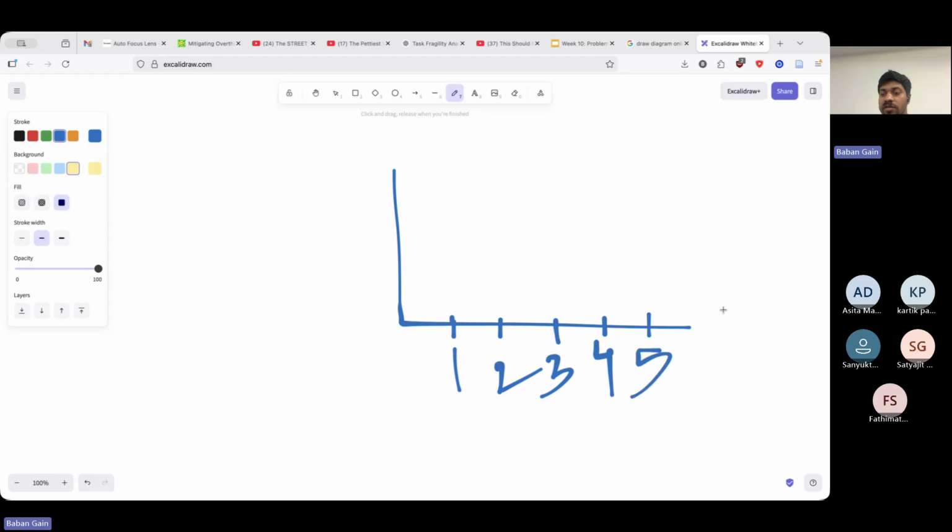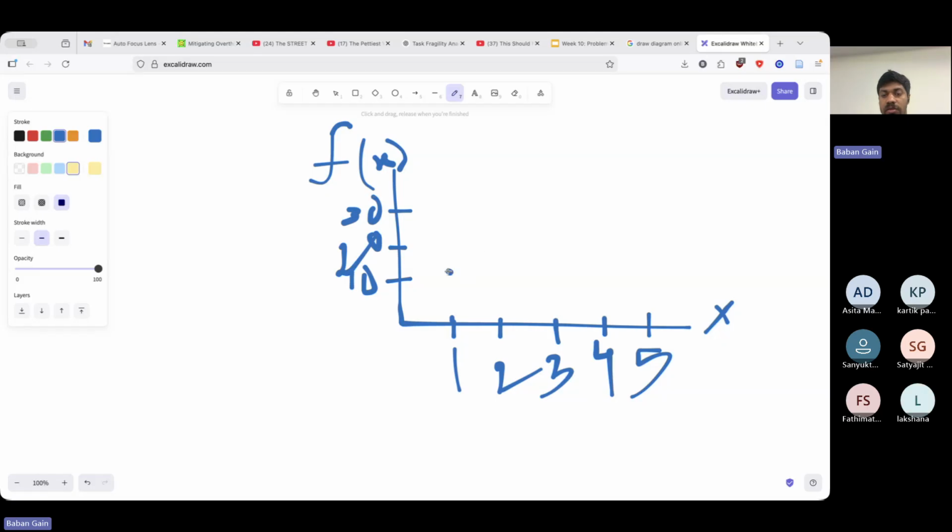This is the x-axis, and assume this is f of x. Assume this is 10, 20, 30 like this. Assume that there is a point something like this, another point somehow like this, another point somehow like this. So these are the points.